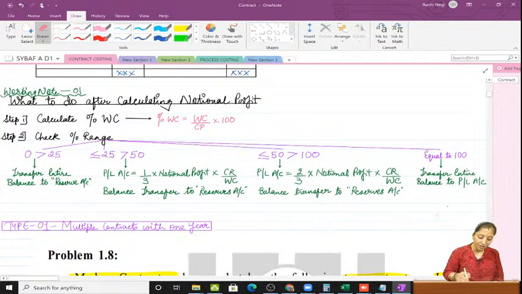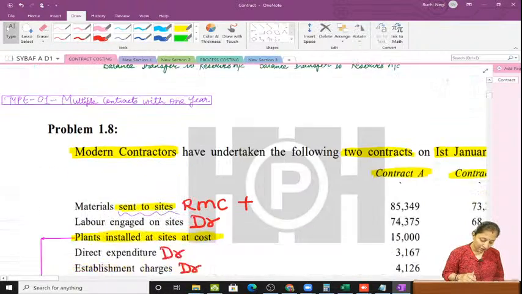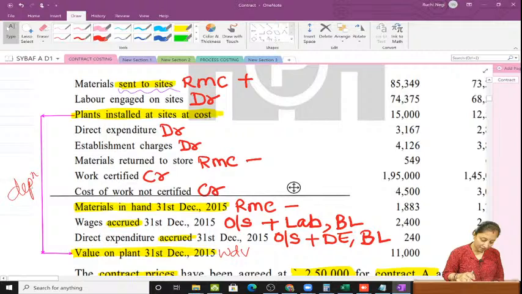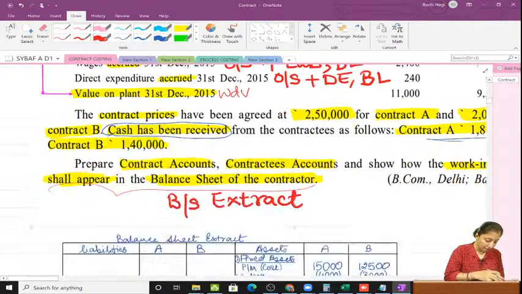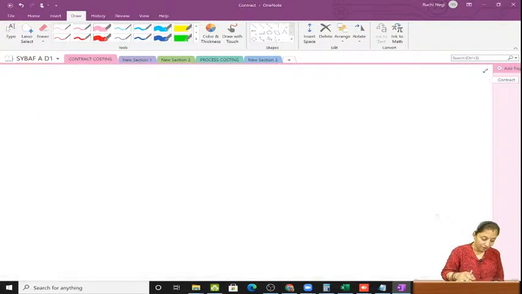So this is very, very important. This calculation of range is very important. Then your probable sums are divided as sums on multiple contracts.